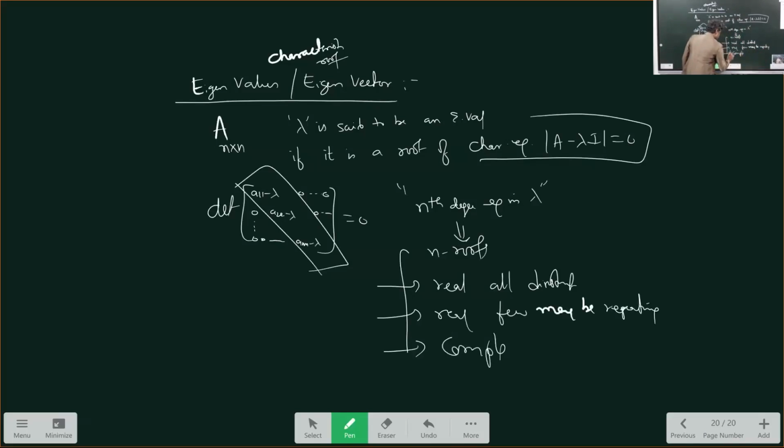When it is leading to complex, it is out of the syllabus, but still we can proceed in the similar way. Okay. So lambda equal to lambda 1, lambda 2, lambda 3, up to lambda n, there are n roots. We call them characteristic roots or eigenvalues.